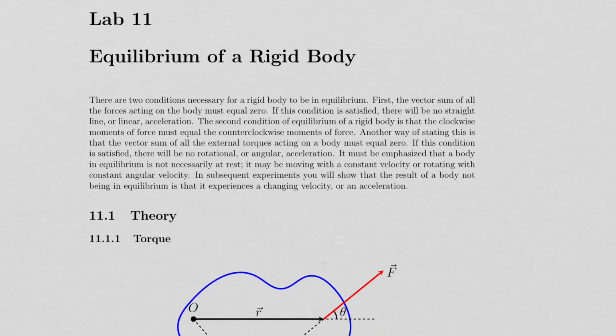Hello everyone. So I thought I'd make this second video to help explain a little more carefully what's expected for each question. First of all, make sure you watch that first video where I review how to calculate torques, what rotational equilibrium means, and I walk through the lab.